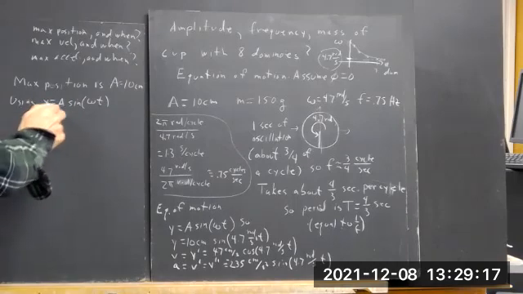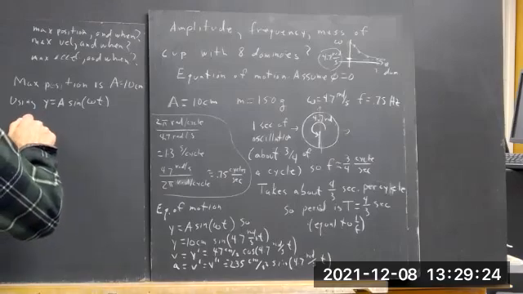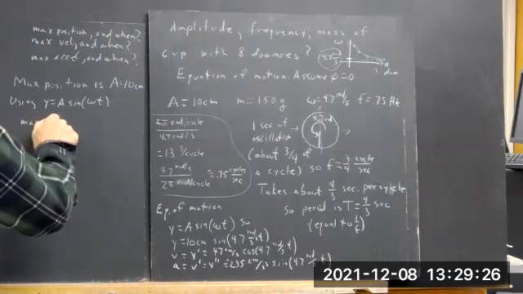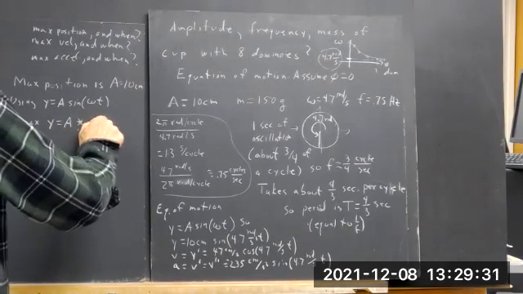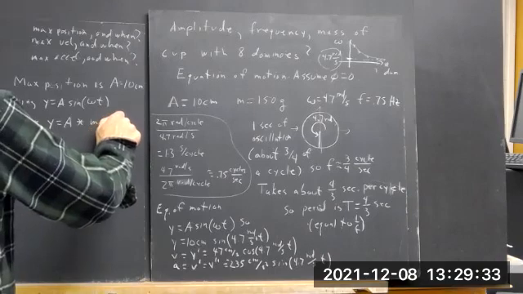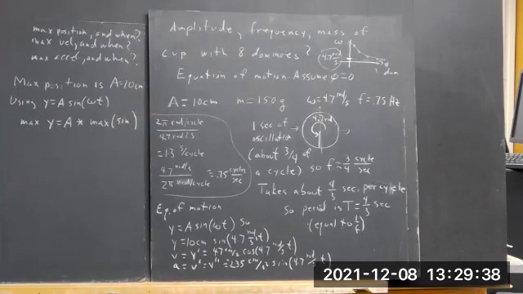Just in general, if you use y equals a sine of omega t, to write it this way, maximum y is then a times the maximum value of the sine. What's the maximum value of the sine function?